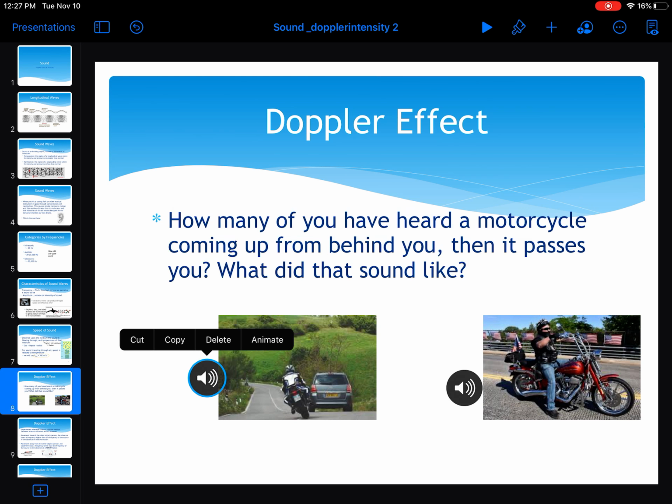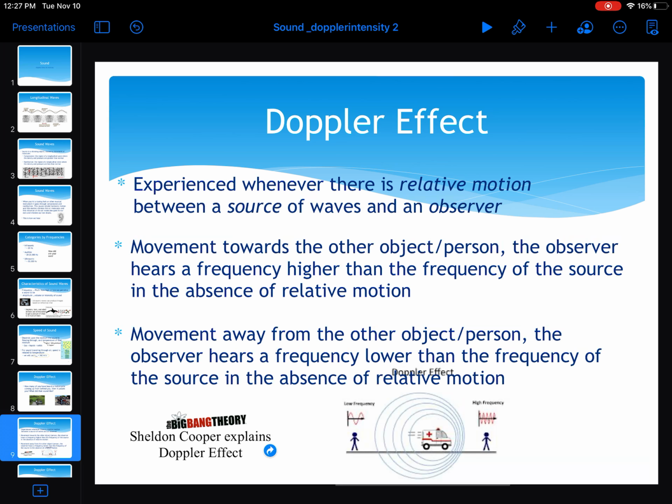So the sound that the motorcycle creates did not change. If I knew the frequency of the motorcycle engine, that value is the same the entire time. But what we perceive that sound to be can change because the motorcycle is moving. So this is a phenomenon known as the Doppler effect.